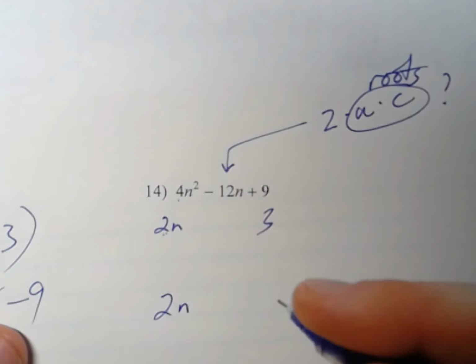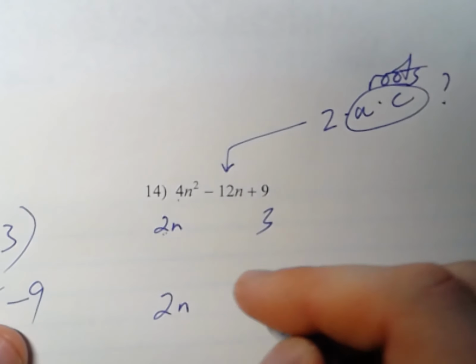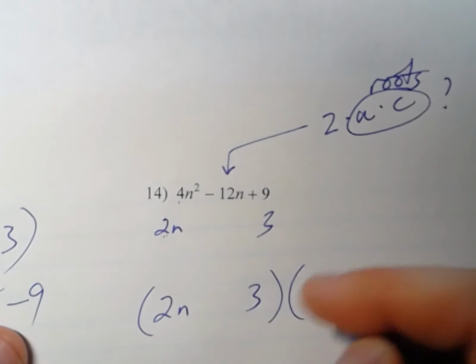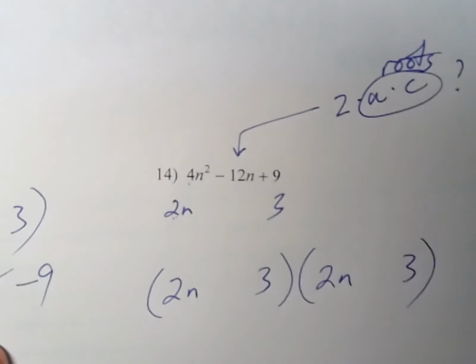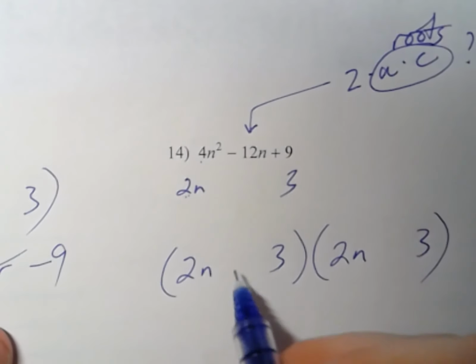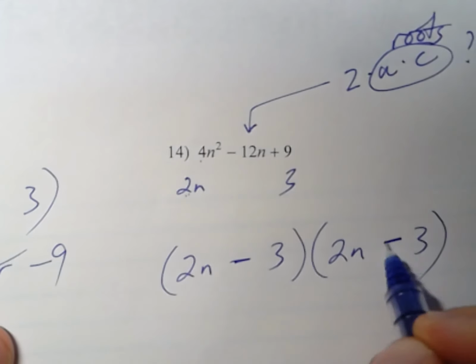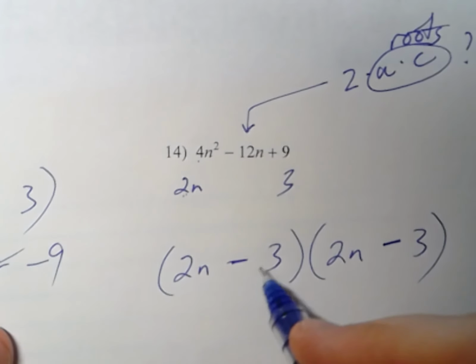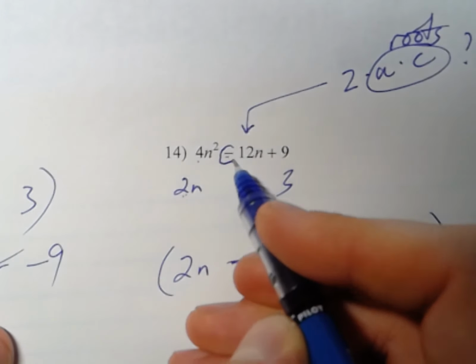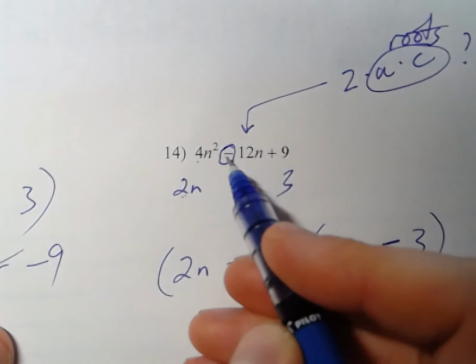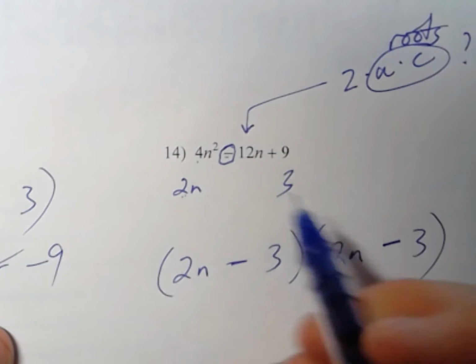So I can go 2n and 3, 2n and 3, and then the symbol in the middle here is either going to be both negatives or both positives. You decide which one it is based on this. If this one is negative, you want these to be negative. If this one's positive, you want these to be positive.